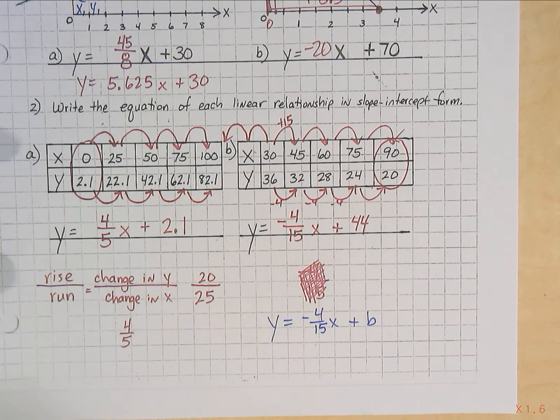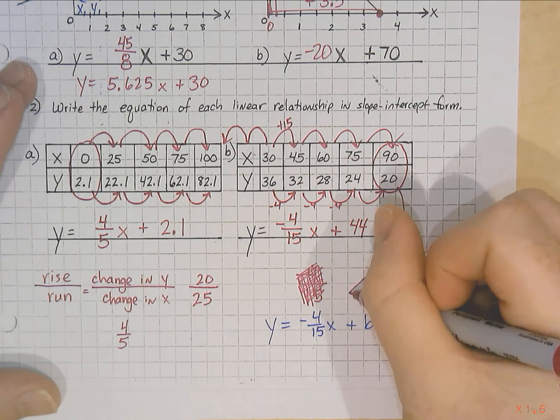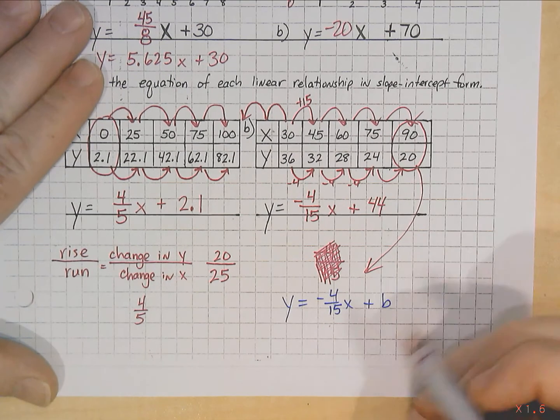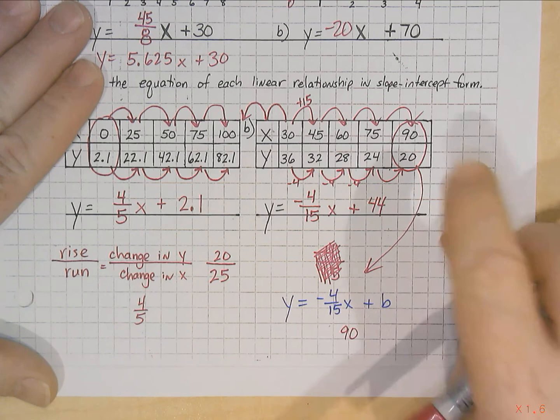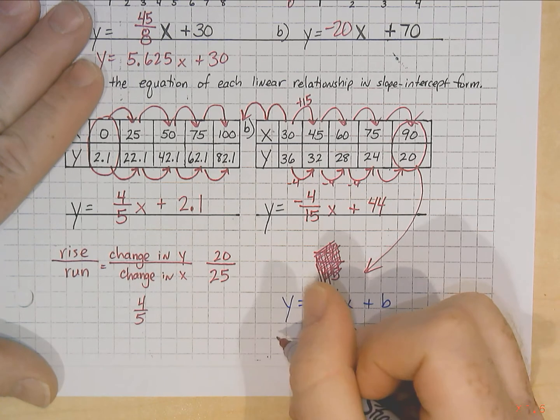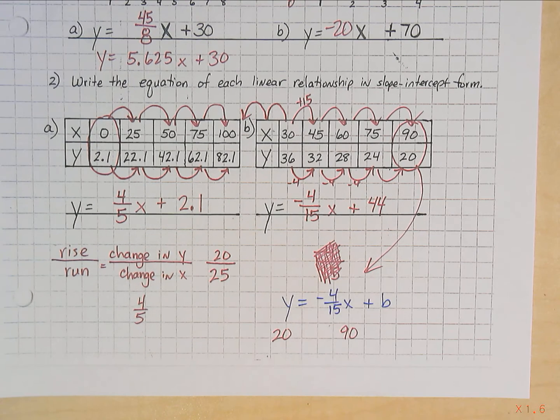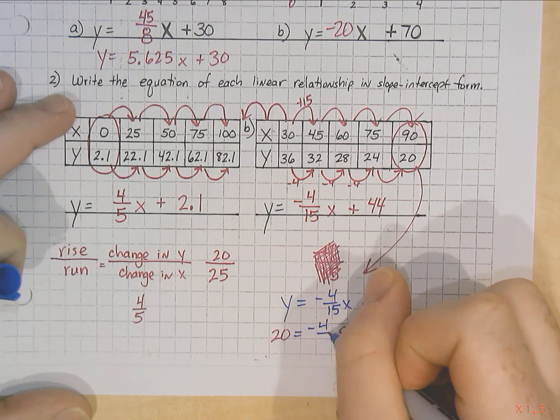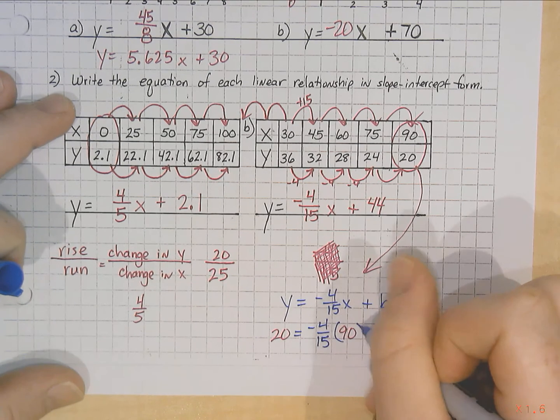I plug that ordered pair into that equation, and we're solving for b. So 90 is x, 20 is y, and then I just write everything else in. Negative 4/15 times 90 plus b.